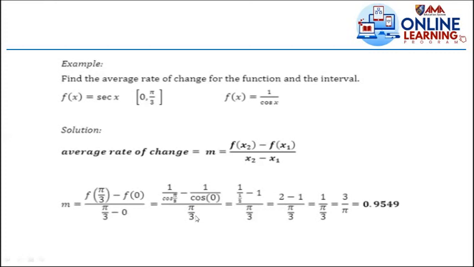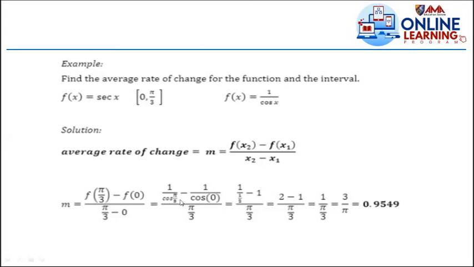Looking at our given data, pi over 3 is in terms of radians. So, we are going to convert radians into degrees. Our conversion is that pi radians is equivalent to 180 degrees.